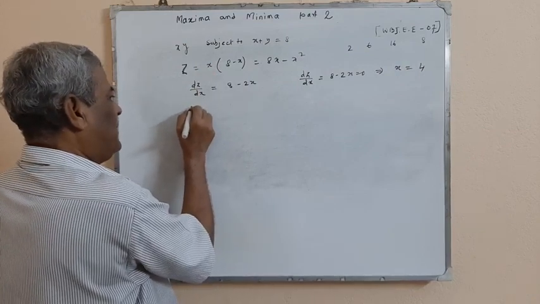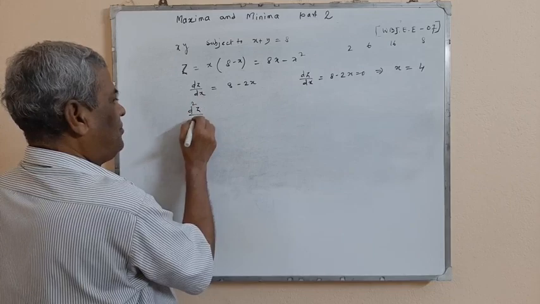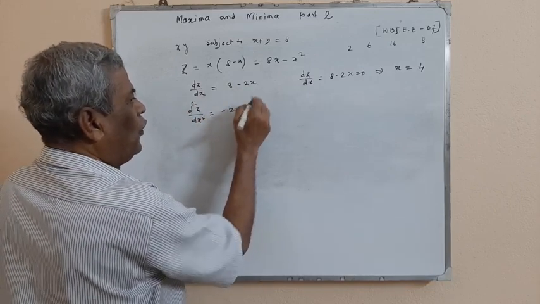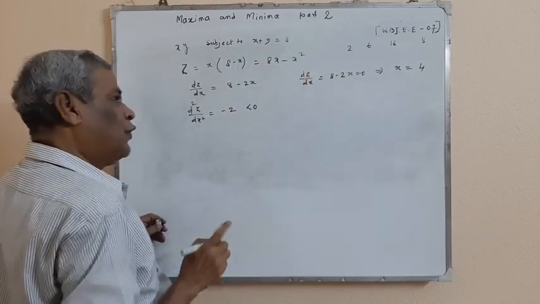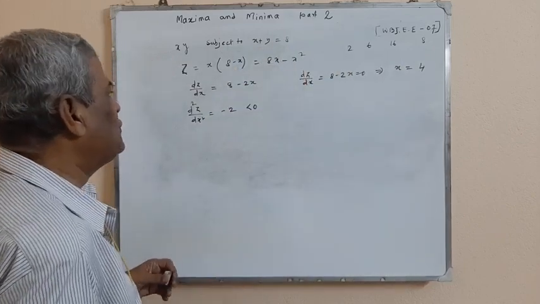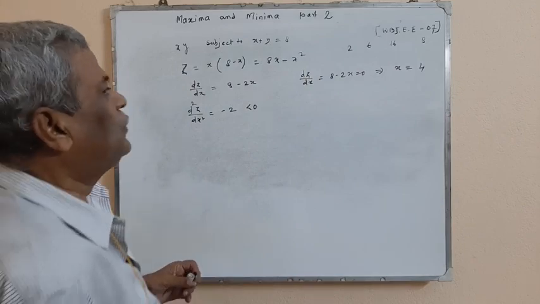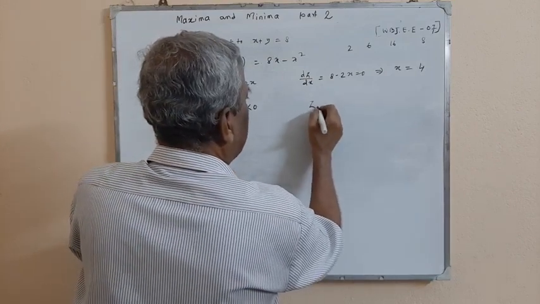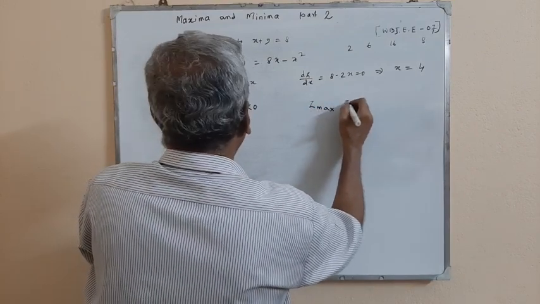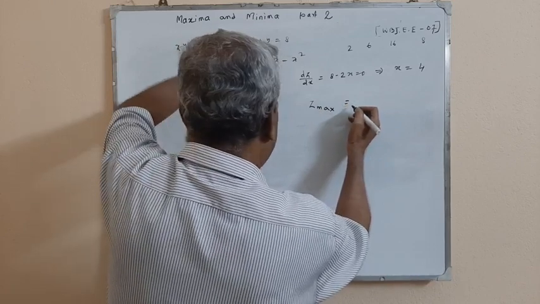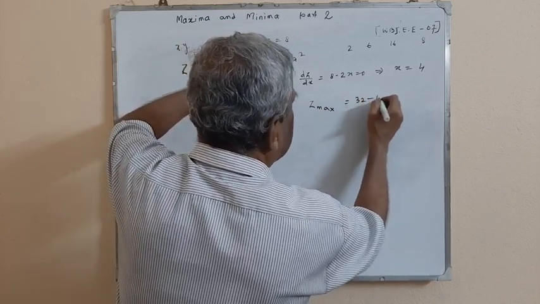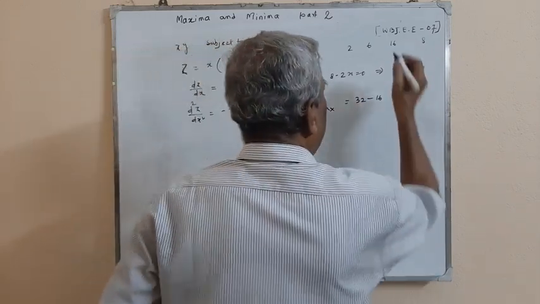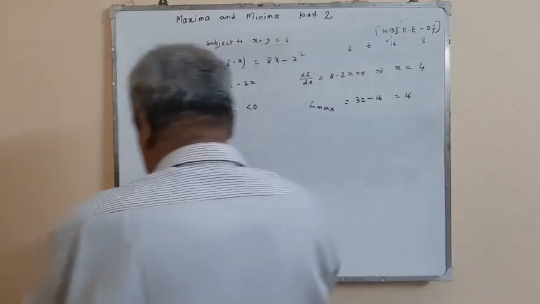To be sure, double derivative is minus 2, negative for all values of x. For x is equal to 4 also it is negative. So this is maximum at x is equal to 4, and maximum value is z max is equal to 8x means 32 minus 16 is equal to 16. So 16 is the answer.